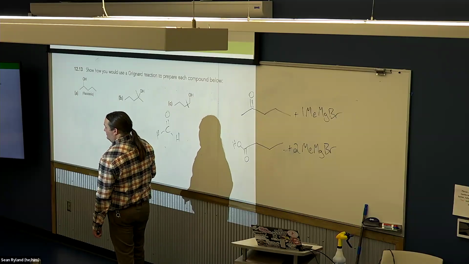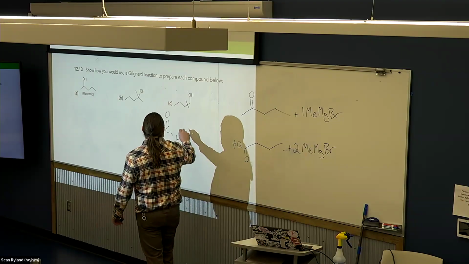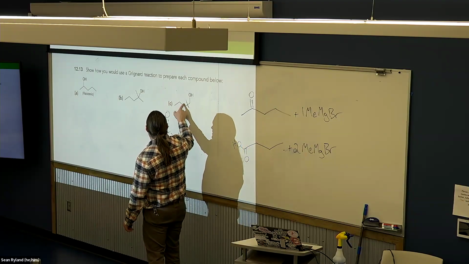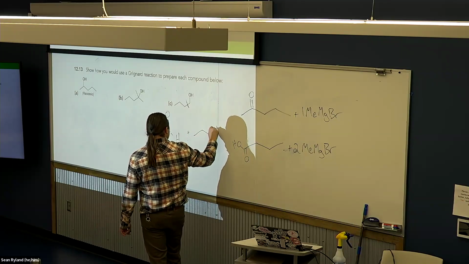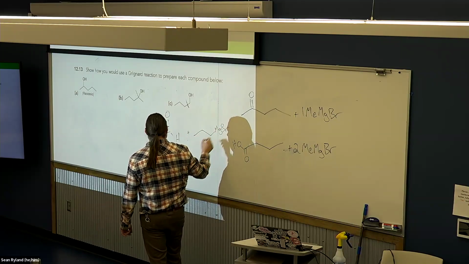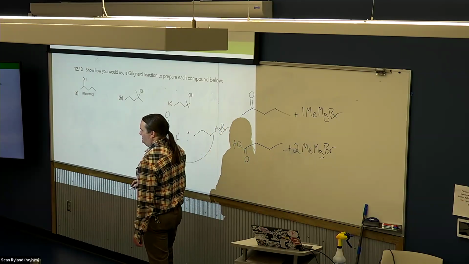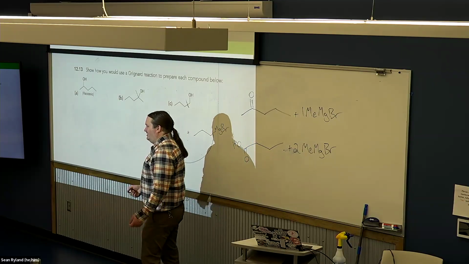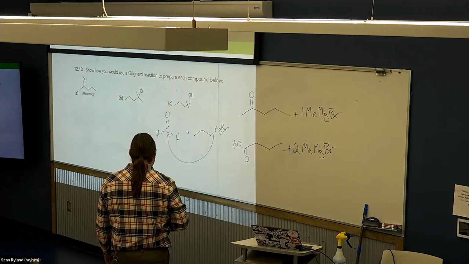So formaldehyde. If we had formaldehyde, and then a propyl magnesium bromide, it can still do the same thing, we're just adding a single carbon. Formaldehyde is not actually great to work with. It's not actually present in most cases as formaldehyde.